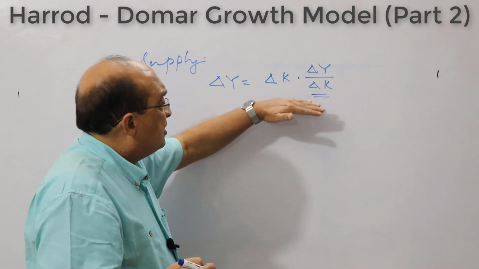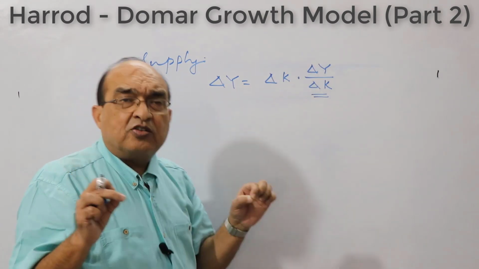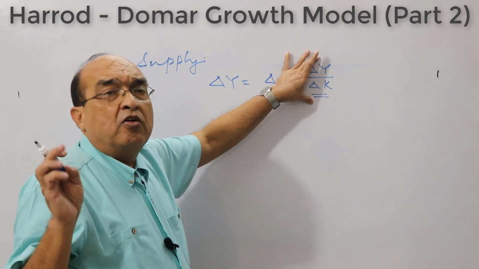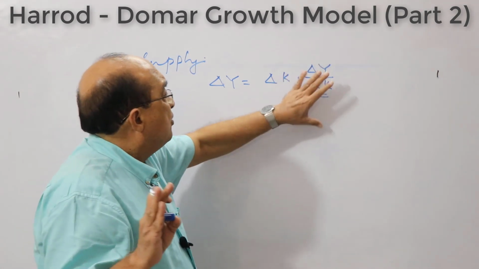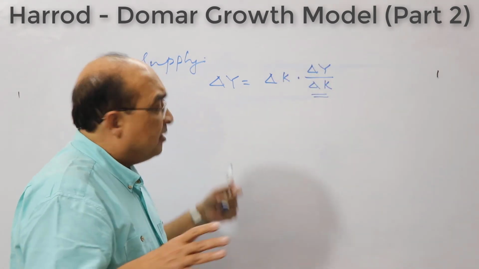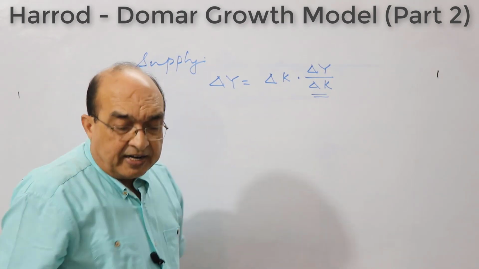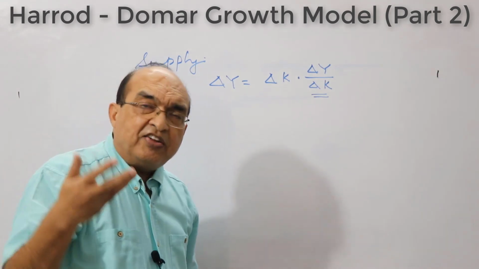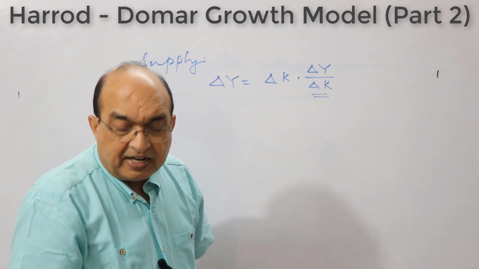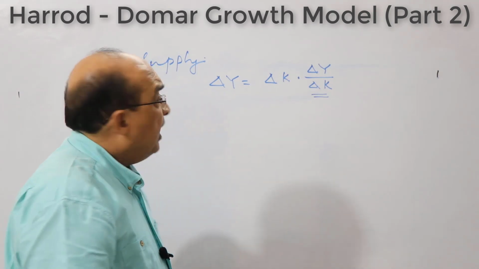However, the model assumes that since technology is constant, this ratio will remain constant. That is one of the assumptions of the model. So productive capacity augmentation will depend on the rate at which investment is taking place, and investment in turn depends on the rate of savings in the economy.